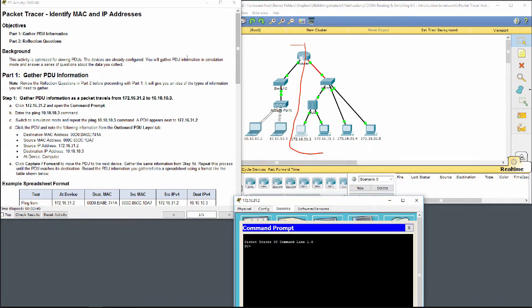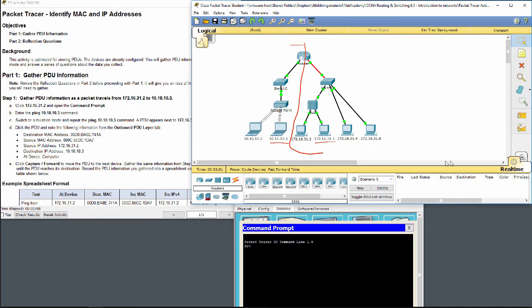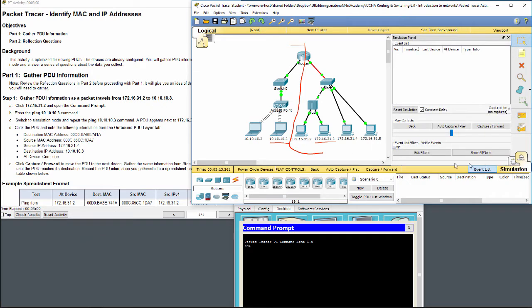So we are creating traffic between this guy and this guy. And first, before starting the ping, we're asked to change to simulation mode in Packet Tracer. So we do that in the lower right corner of the Packet Tracer main window, and we get an extra window here showing us the PDUs going through the network.